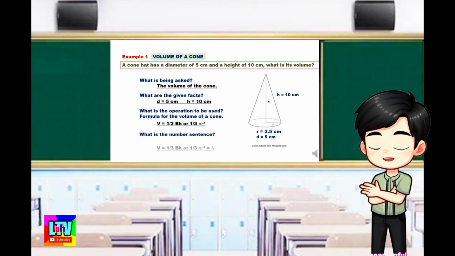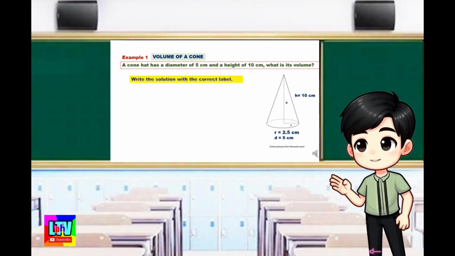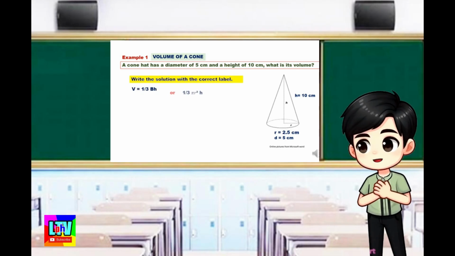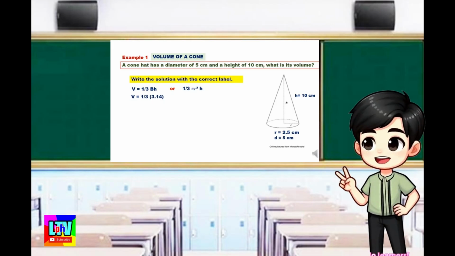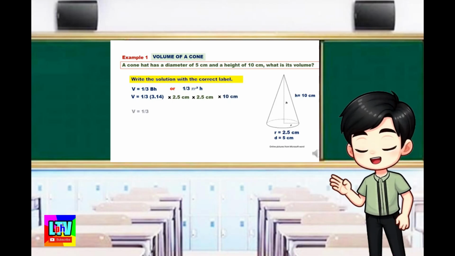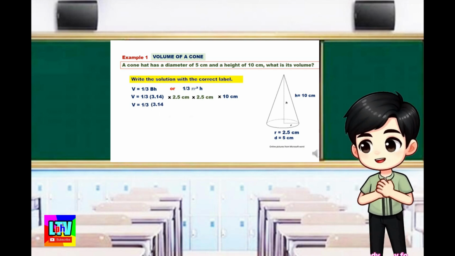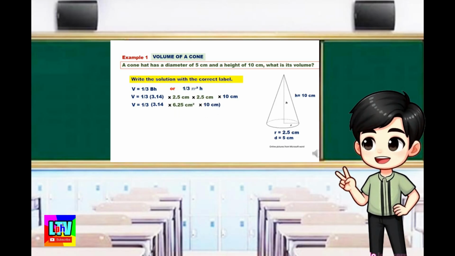What is the number sentence? Write the solution with the correct label. So using this formula, volume equals 1/3 times 3.14, this is pi, times radius multiplied by itself, times height. Let's simplify. So 1/3, 3.14, 2.5 times 2.5 equals 6.25 times 10.